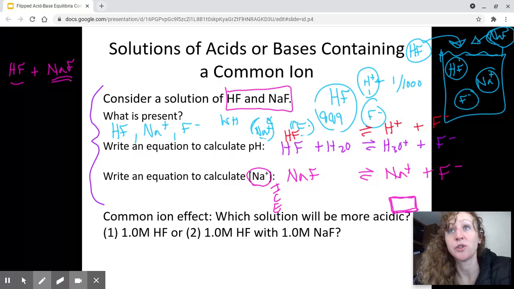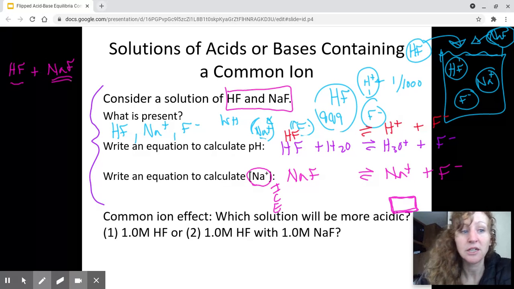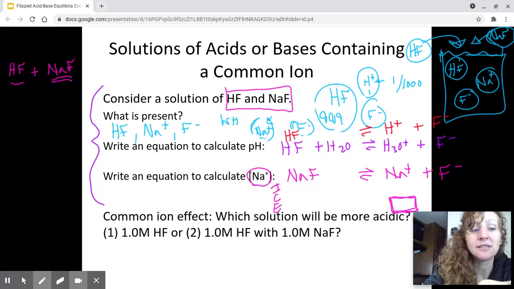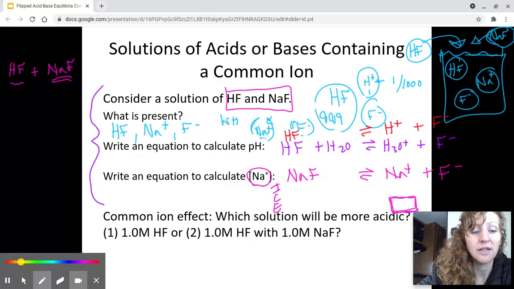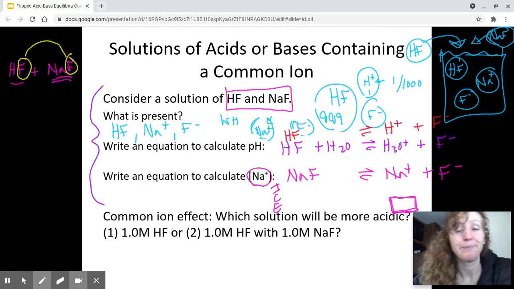Ionic compounds will dissolve in the presence of water, right? They could be involved in double replacement reactions. Could this be a double replacement reaction where your anions switch and your cations switch, right? Nope.